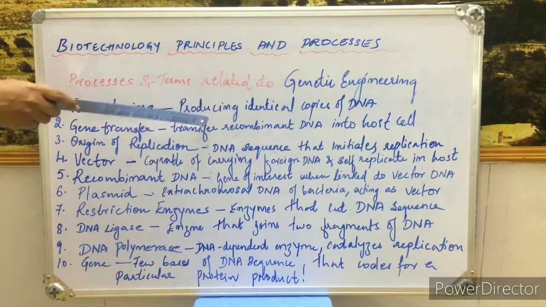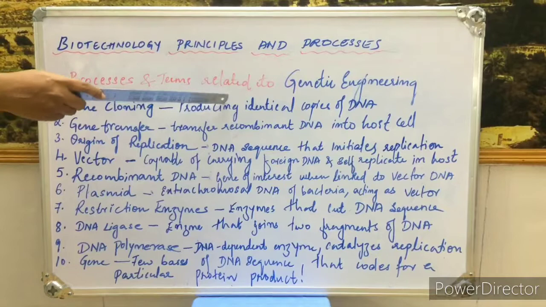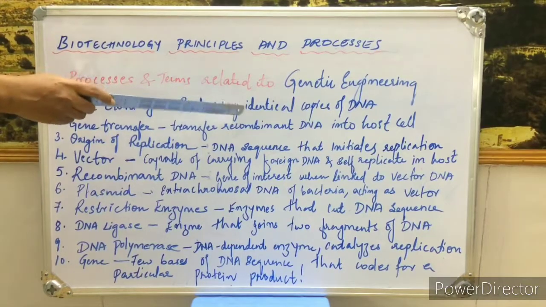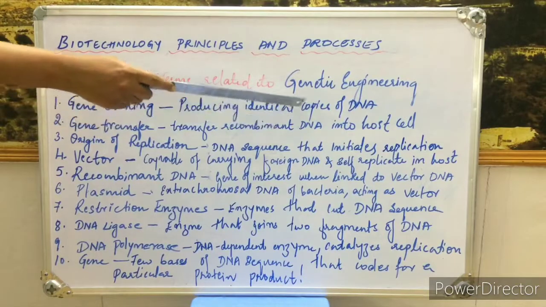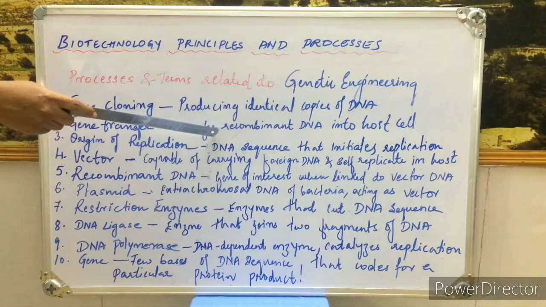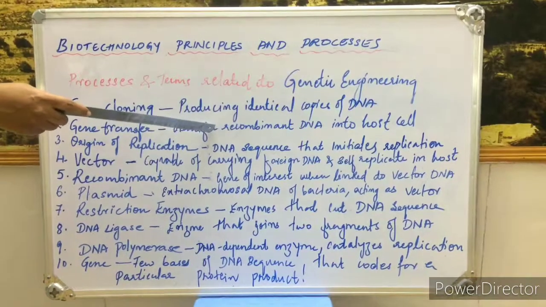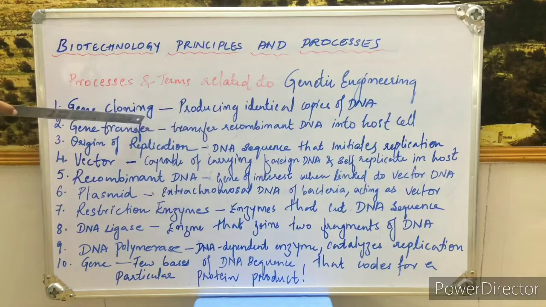Means transferring the recombinant DNA, which is already cloned here and attached to another DNA known as vector DNA. Together they form the recombinant DNA that you are going to insert into the host cell to produce the required gene product or character. That is known as gene transfer. So it can be defined as the introduction of recombinant DNA into the recipient cell using some techniques called gene transfer.